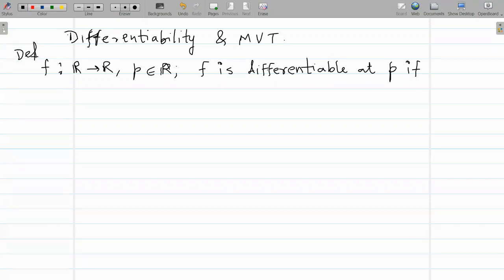So let's try to develop the definition. If, so can somebody complete this? If, what must happen?